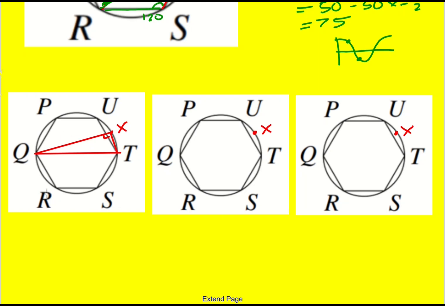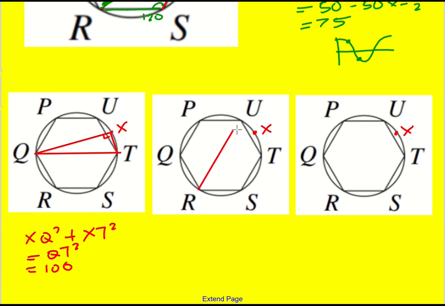And then I know that XQ squared plus XT squared is necessarily going to equal QT squared, because that's just Pythagoras' theorem, and QT squared is 100. So I've immediately found for a general X that XT squared plus XQ squared is 100.